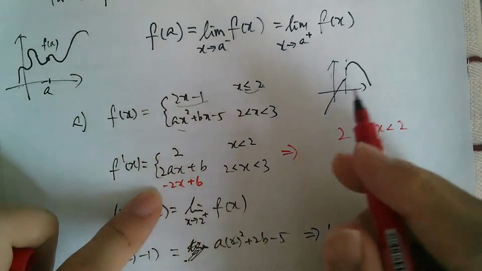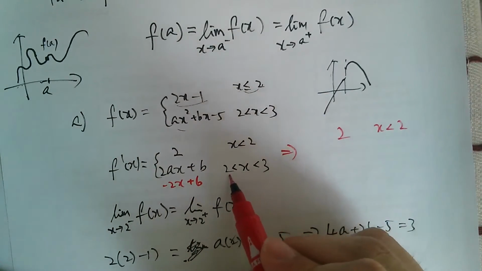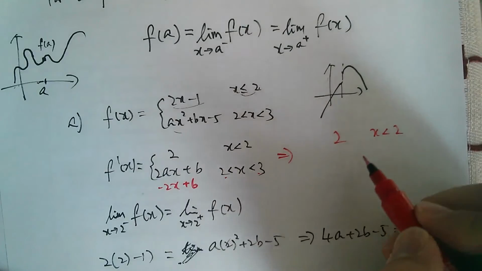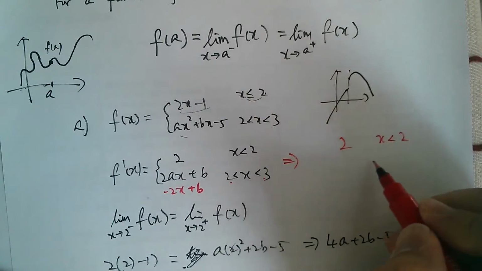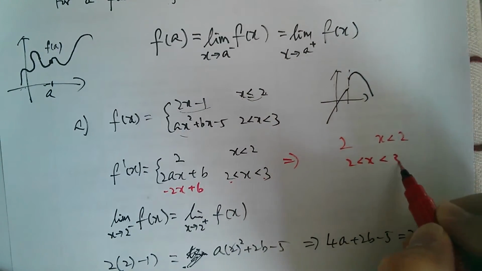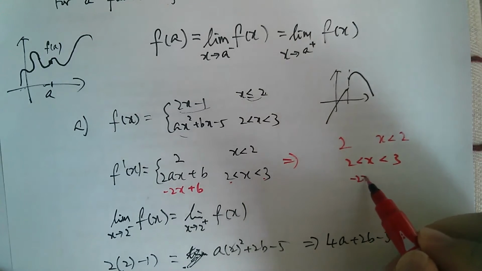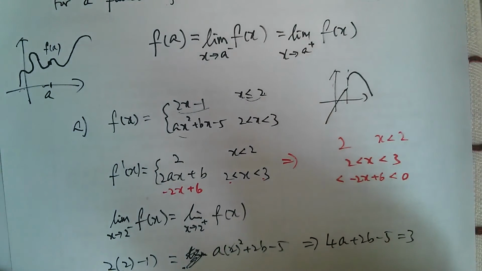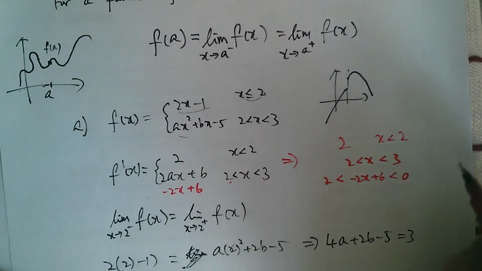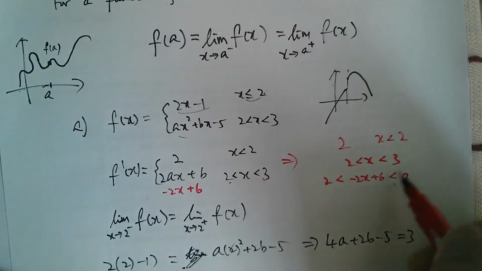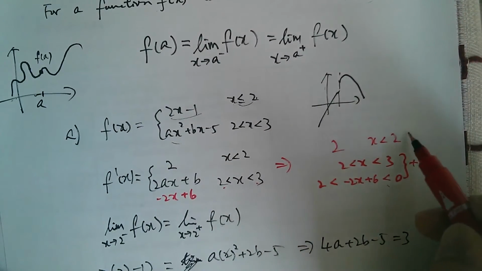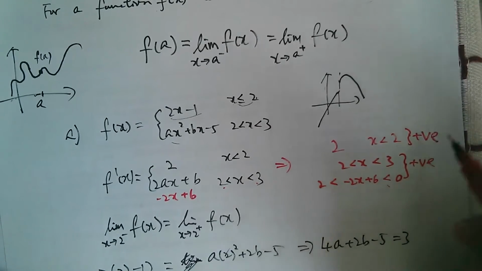And since x is between 2 and 3, so this derivative must take value between 0 and 2. Now what does that mean? It can never actually be 0. That means this is always positive, and this is also always positive.